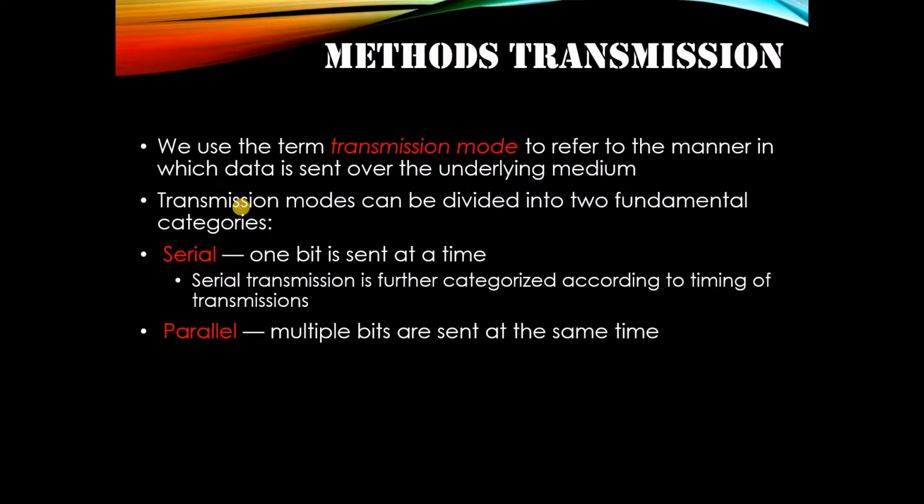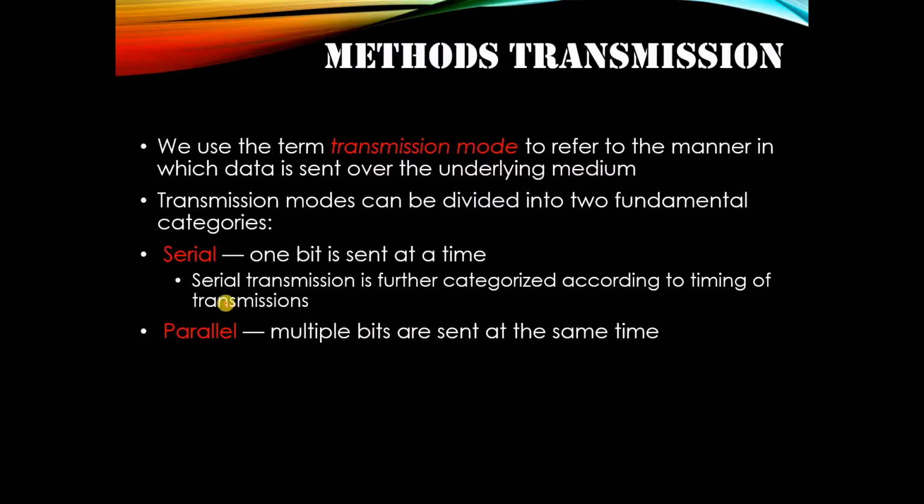First, serial. Imagine a one-way road with one track. How many cars can travel in one track? Obviously only one car, right? If the second car wants to travel, it can go behind the first car.